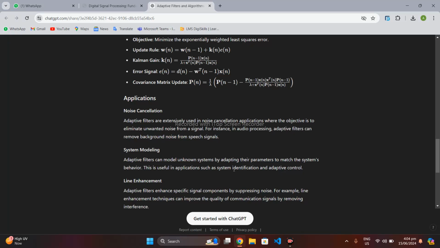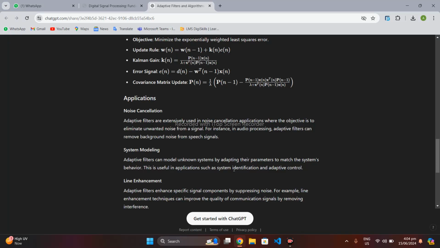And here are some applications of the adaptive filters. The first application is noise cancellation. Adaptive filters are extensively used in noise cancellation applications where the objective is to eliminate unwanted noise from a signal. For instance, in audio processing, adaptive filters can remove background noise from speech signals.